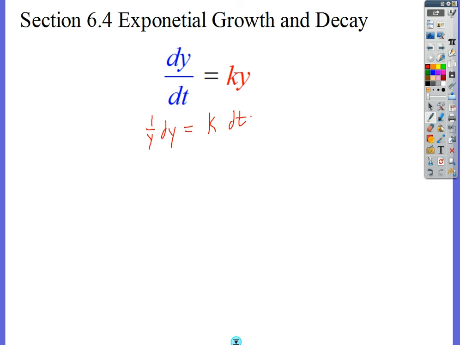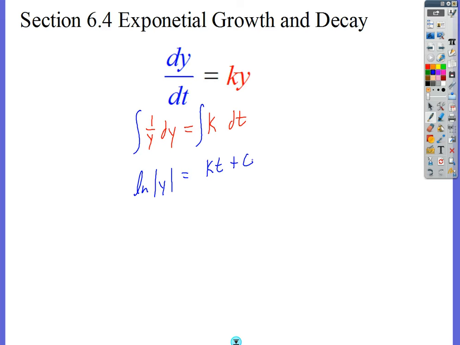So I've separated it, and my next step is to integrate. What function gives me a derivative of 1 over y? It's the natural log of the absolute value of y is equal to kt plus c. Don't forget the c.